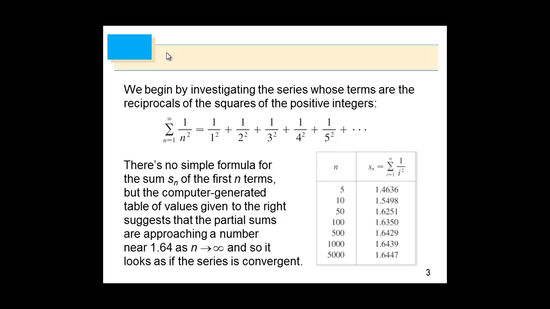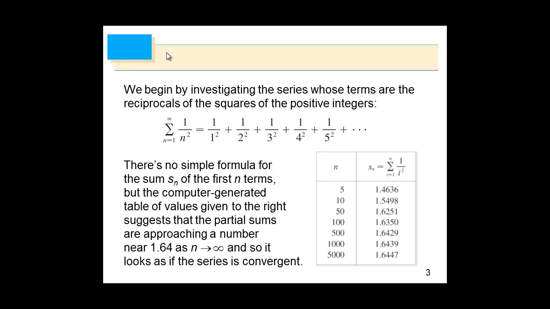However, the problem for this series is that we can remember in the case of the geometric series, we were able to come up with a closed form formula for Sn, the nth partial sum, in the case of the geometric series.